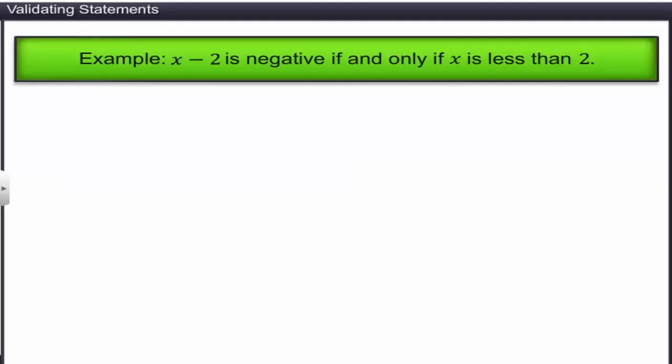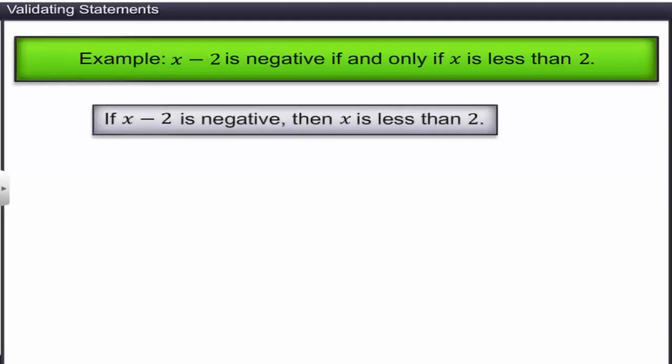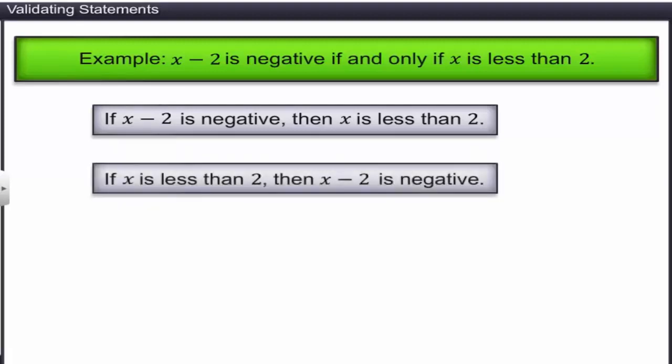This statement can also be broken down as: if x minus 2 is negative, then x is less than 2. If x is less than 2, then x minus 2 is negative. Here both the implications are true. Therefore, the bi-implication is true. Hence, the given statement is proved.